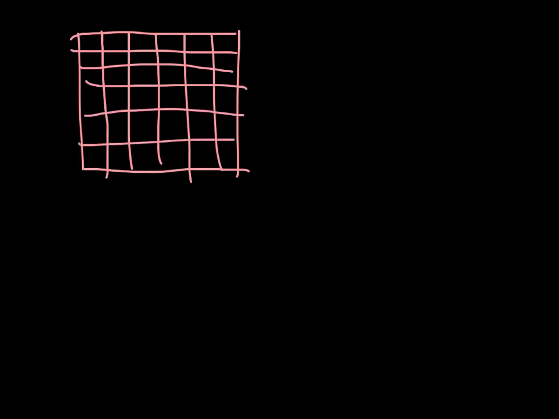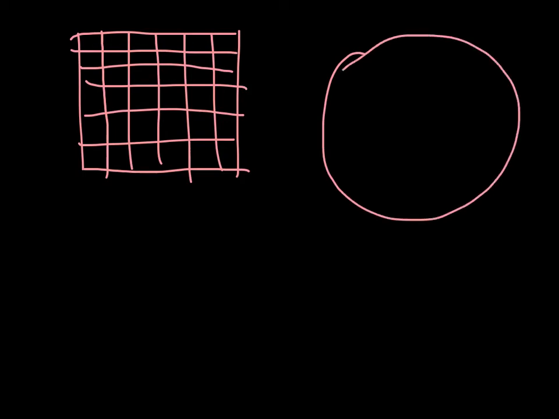But circles are a little bit different because circles have curved edges. So we use a formula, just like there's a formula, length times width, to find the area of a rectangle. We can use a formula for circles as well.